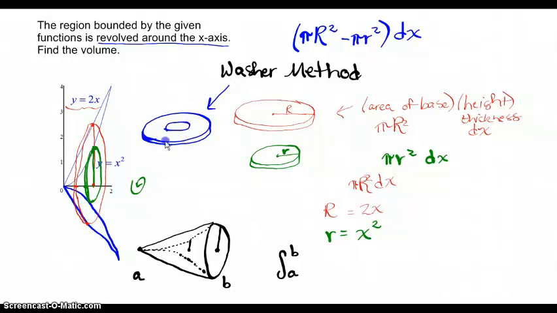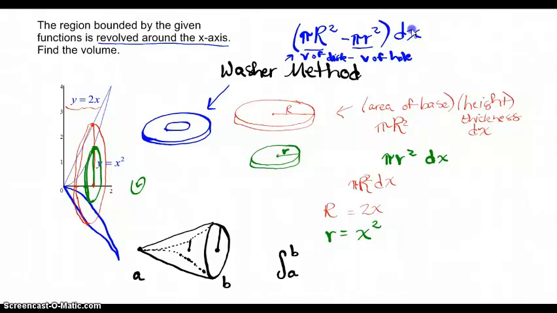And so if I just want the volume of this thing, it's the volume of the whole thing taking the volume of the hole in the middle. So basically, here is the volume of the large disk minus the volume of the hole in the center, right?